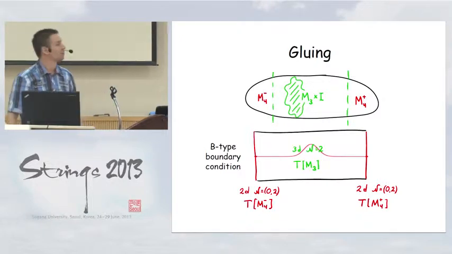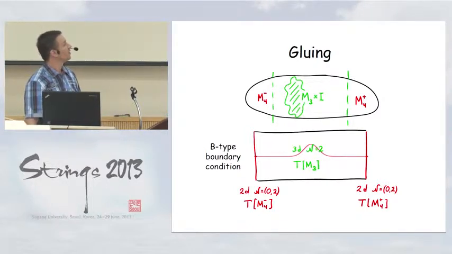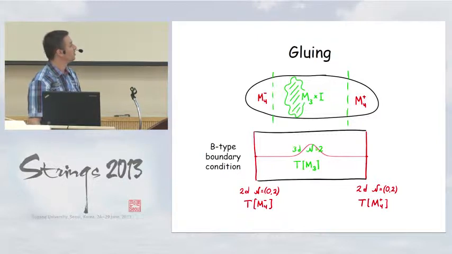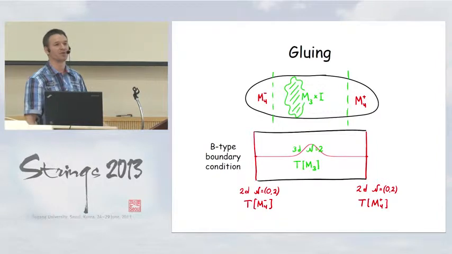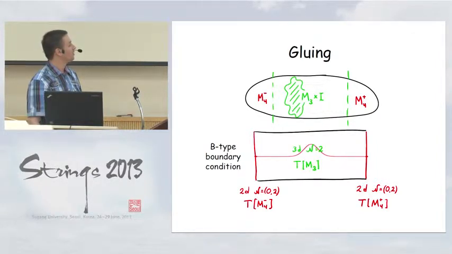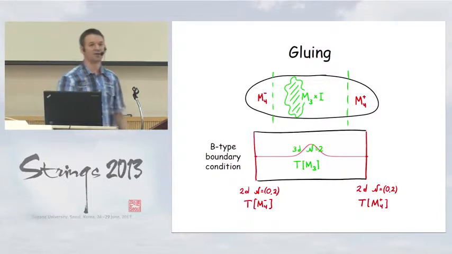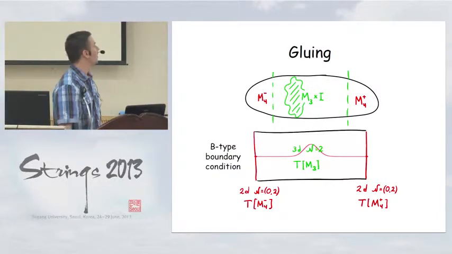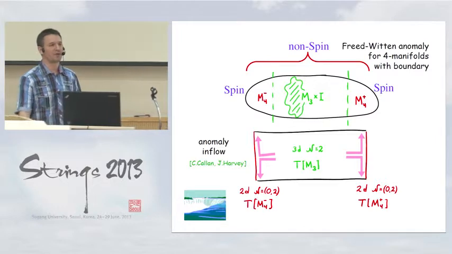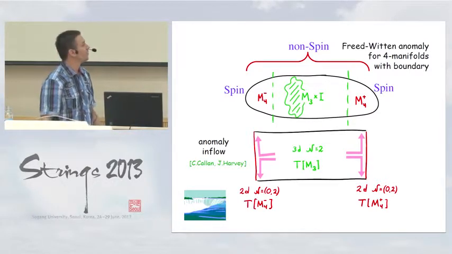And in this way, you can represent the whole thing as a result of sandwiching a 3-dimensional N=2 theory, which is associated to the 3-manifold in a cross-section, now sandwiched by B-type boundary conditions, you could call them branes, I guess, which are associated to non-compact 4-manifolds which have a 3-manifold on the boundary, and they're glued together along the same 3-manifold. So that's a very useful perspective. We are going to use it a little later.